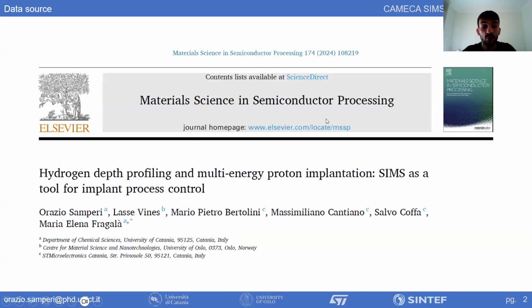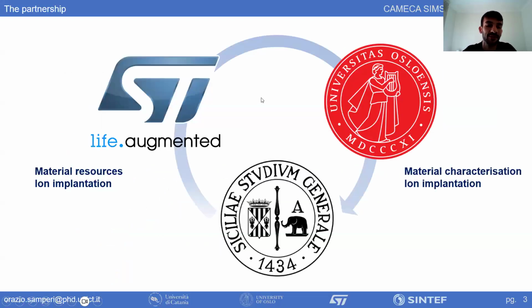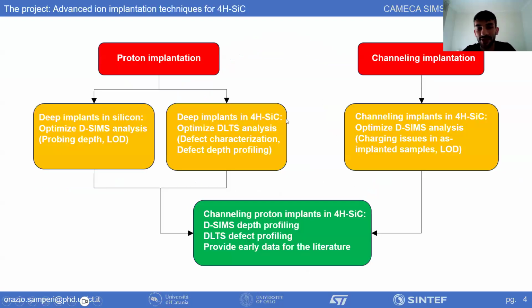And this work comes from a collaboration between the University of Catania, where I'm placed, and ST Microelectronics, a quite big company in the semiconductor manufacturing industry, and the University of Oslo, where I performed all the characterization, and as the moderator said, where I spent around 1 year doing research. This work is also part of my PhD project.